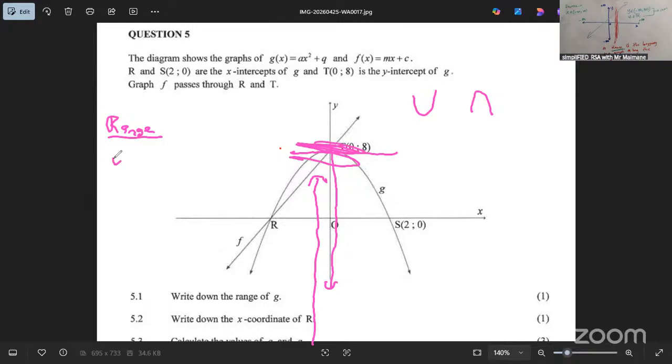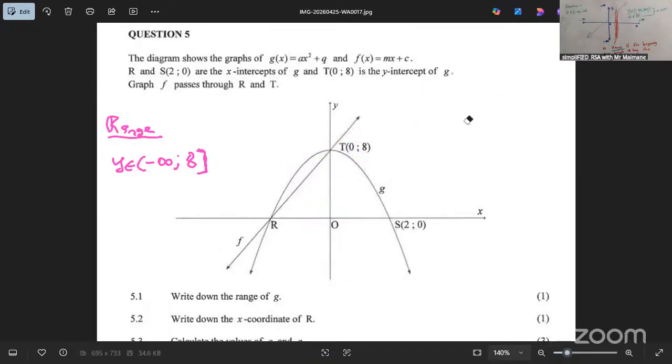So we can rather say y is an element of, it starts from negative infinity and then it goes up and then it comes and stops at positive 8. And I would say that's the range. Otherwise, I'm starting to pick up something which makes me feel like I may need to start a lesson with the range and the domain first before we come to this type of a question.